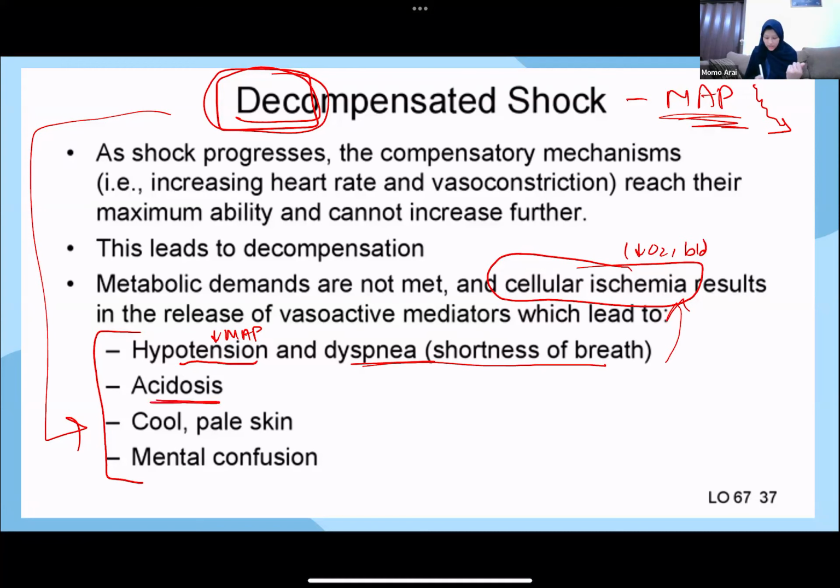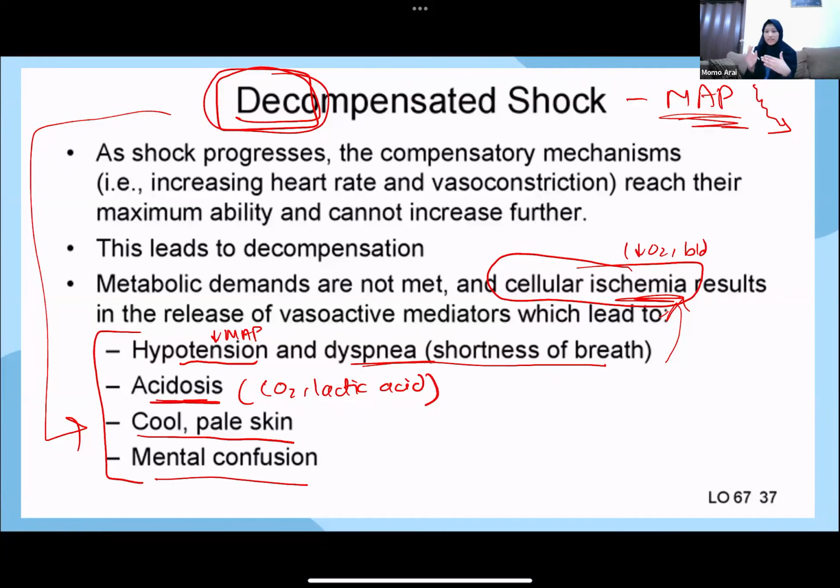You can also have acidosis, because ischemia means your cells are dying and they release waste materials like carbon dioxide, lactic acid, all these acidic products, and you can't remove them because now your body is failing. It can't remove waste and supply oxygen, right? So your body goes into acidosis, less blood pressure, and you can also have cool, pale skin and mental confusion.